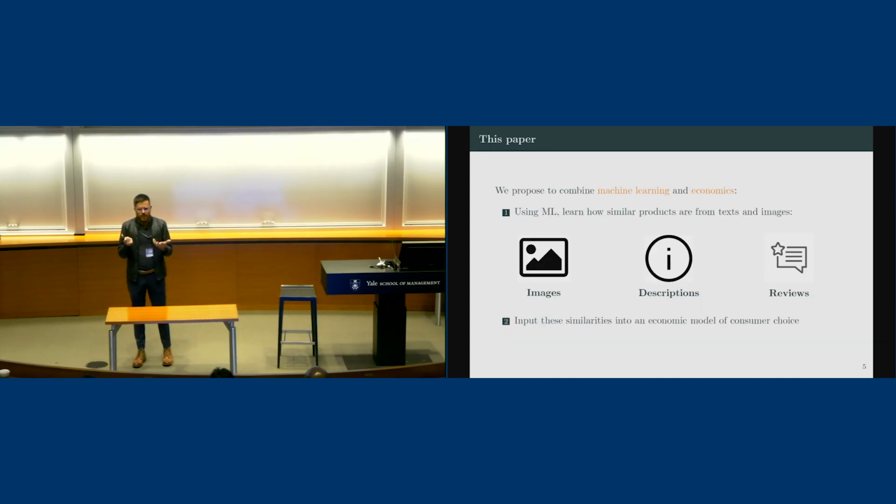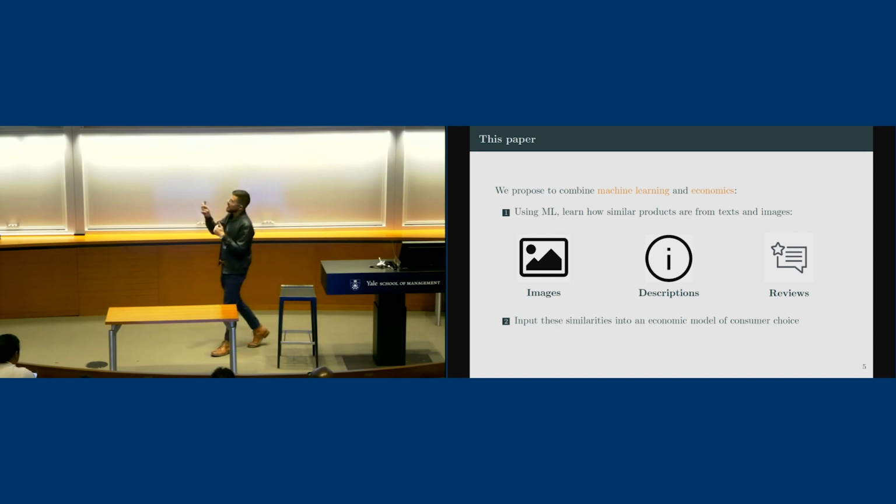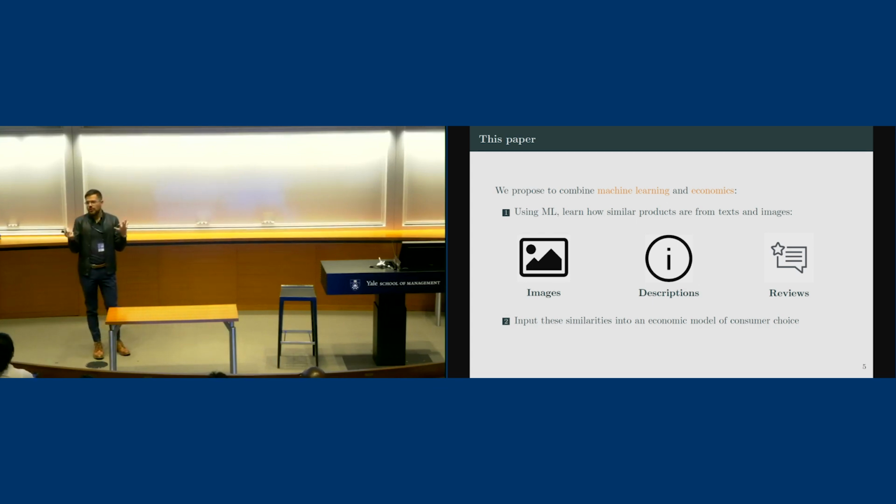So what we propose in this paper is a complementary method, an alternative method to estimate demand for different products that combines the economic insights that we want to bring to bear for this question together with machine learning. And we're going to do this in two steps. In the first step, we're going to use machine learning models to extract a measure of how similar products are from a range of data sources.